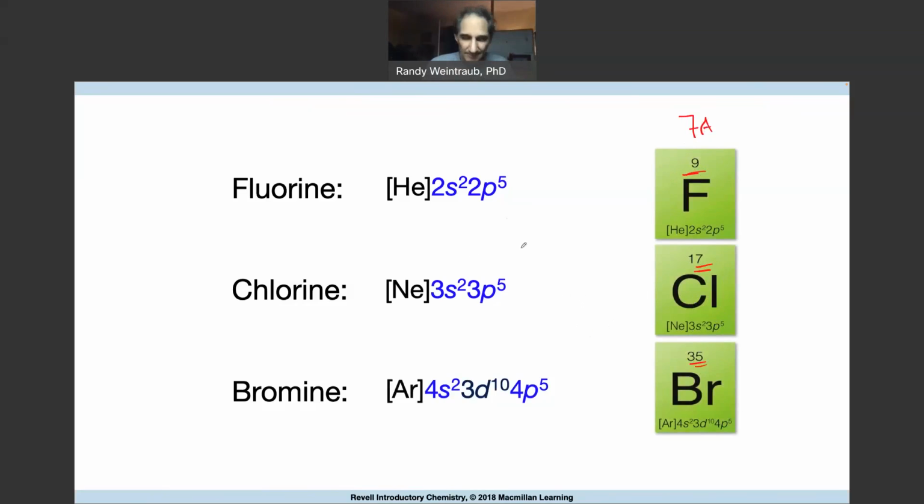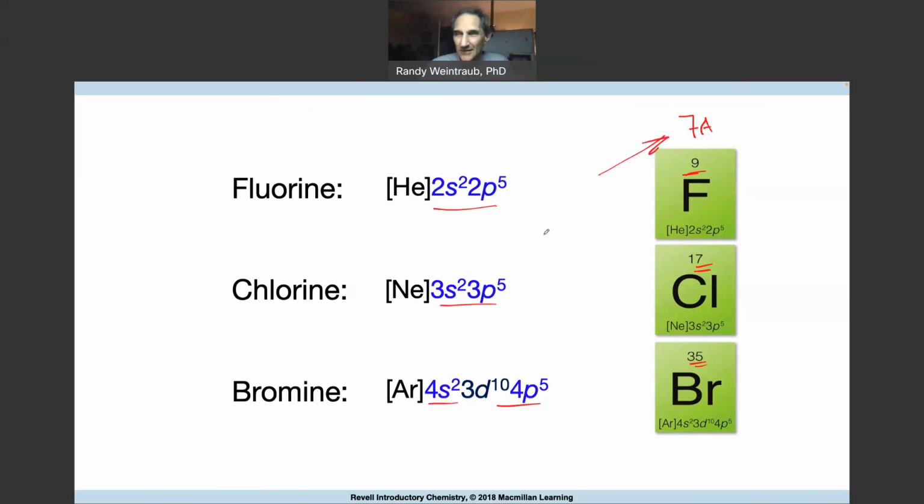If you look at their electron configuration, we can see in their valence level they have 7 valence electrons, corresponding, of course, to the group they're in, 7A. Very close to filling their octet, and they do that very efficiently.